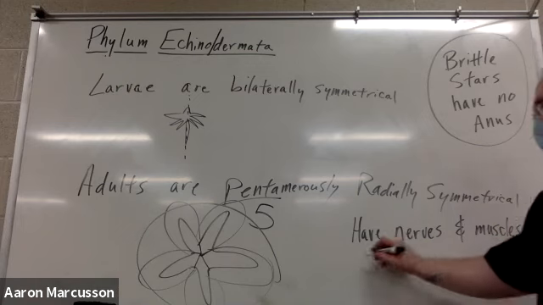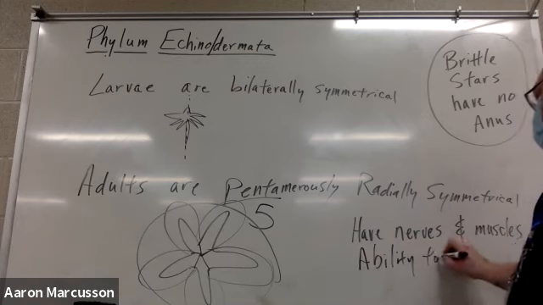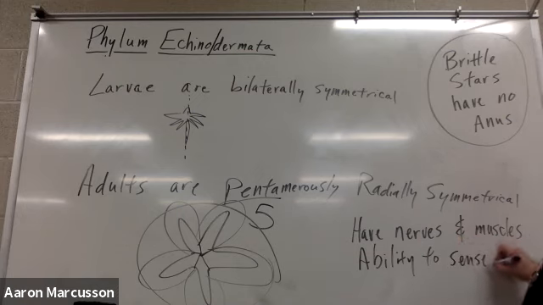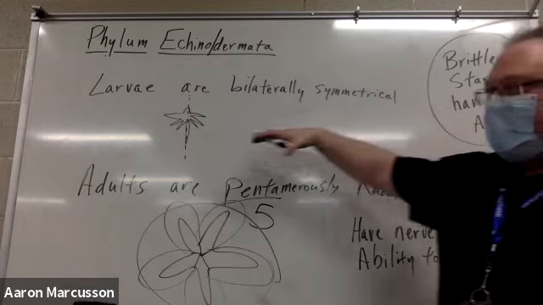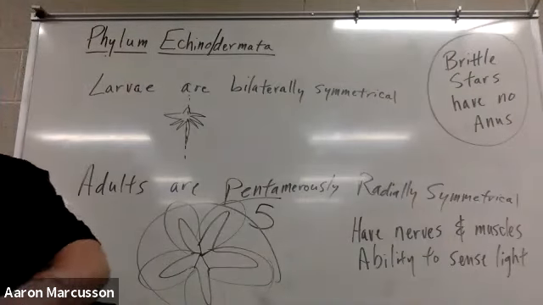These guys also have an ability to sense light. Are they eyes? They're eye spots, they're called ocelli. It means essentially they're cells that are differentiated enough to realize something has moved over the reef and moved over them, okay? So if they see shadows, essentially.